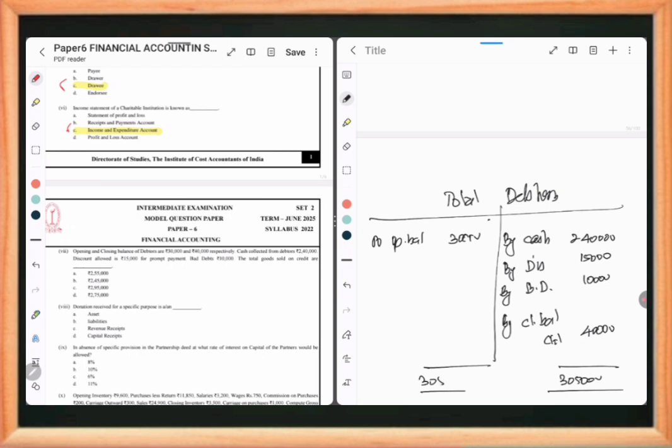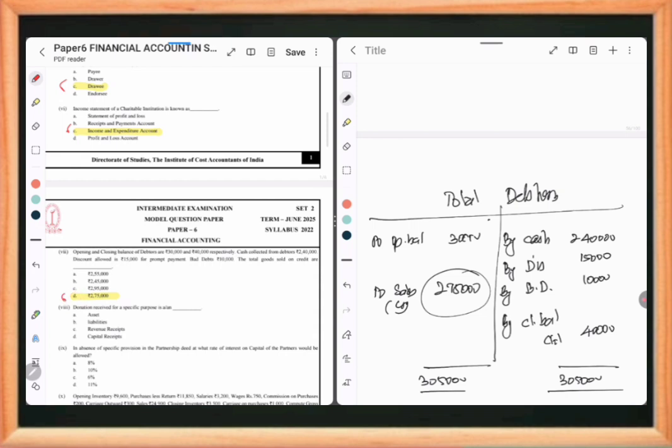So 3,05,000 minus 30,000 gives 2,75,000, which is the credit sales. So this is the answer. Options: A 2,55,000, B 2,45,000, C 2,95,000, D 2,75,000. D is the correct answer. Please make note of it.